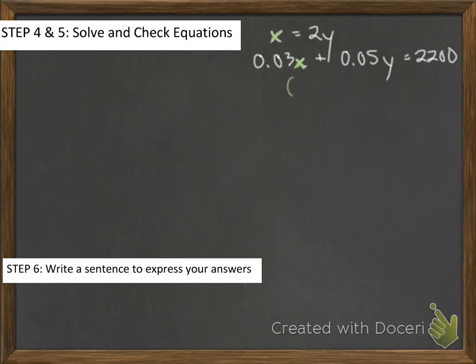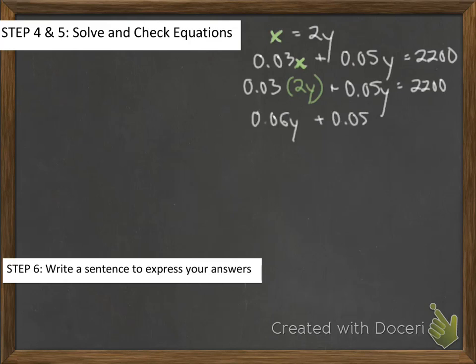Again, as I pointed out, we already have x all by itself, so I am going to replace x with 2y in this other equation, and then solve for y. Okay, so this is going to give me 0.06y plus 0.05y equals 2200. I can combine them because they're like terms.